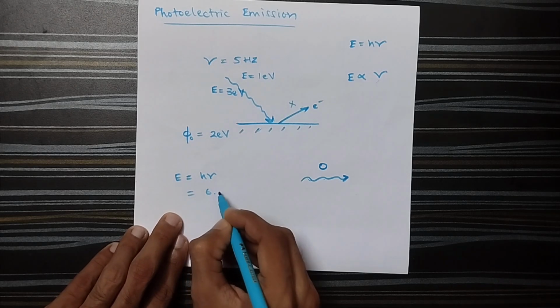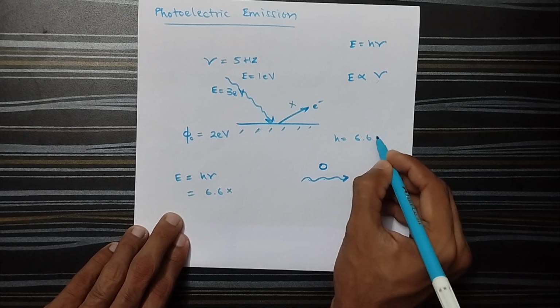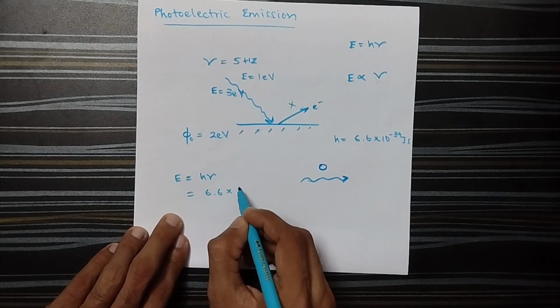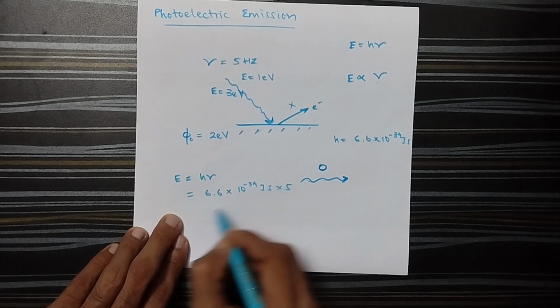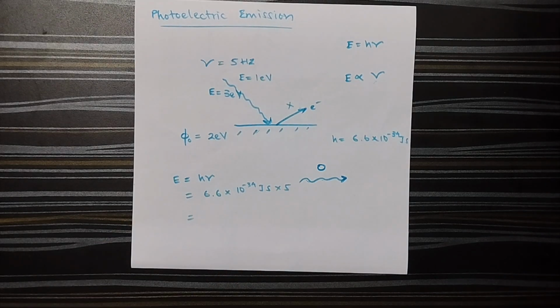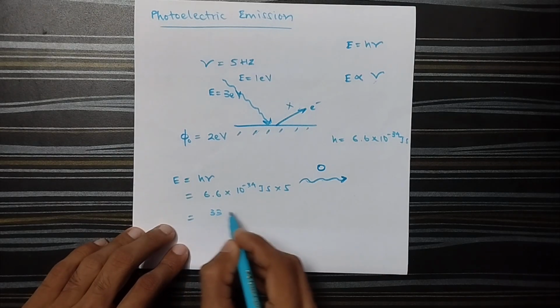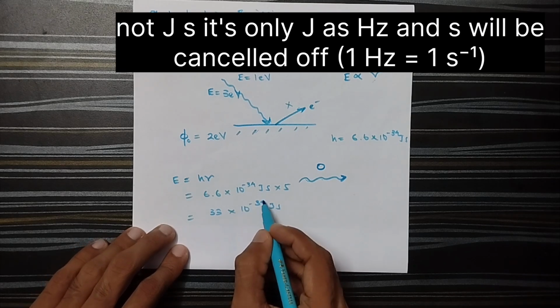So h is Planck's constant. Planck's constant value is h equal to 6.6 into 10 raised to minus 34 joule second. 6.6 into 10 raised to minus 34 joule second times 5, right? 5 times 6.6 is 33. 33 times 10 raised to minus 34 joule second, right?